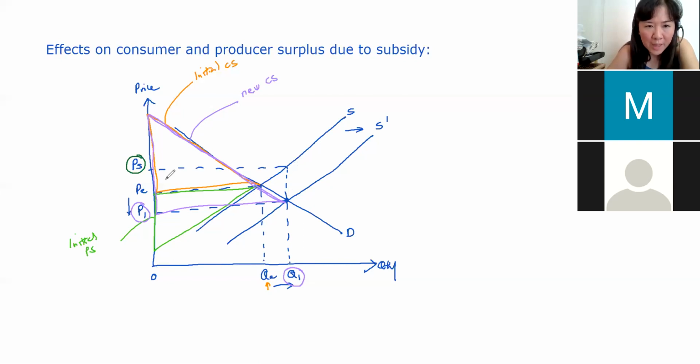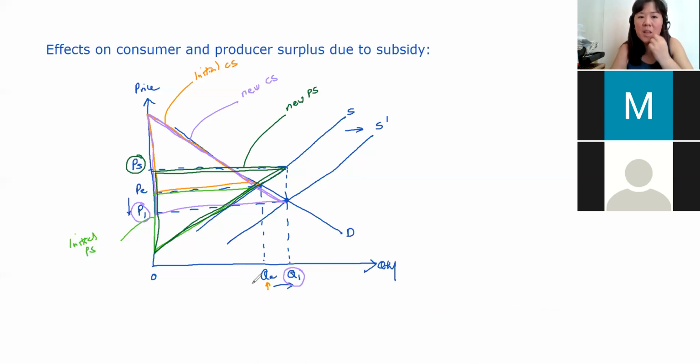So what you get is this area as the new producer surplus.